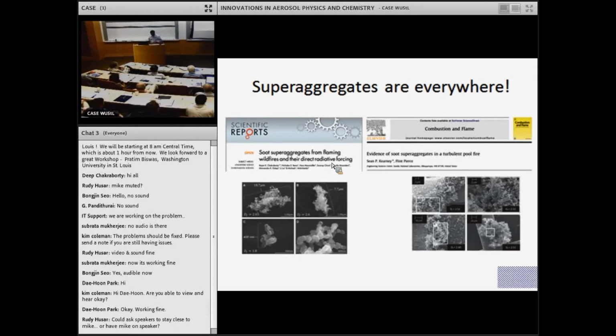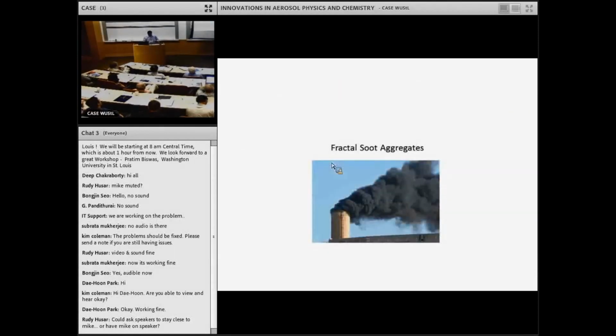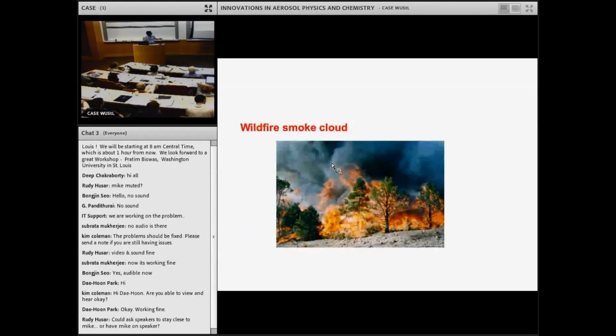And we will need that. I'll come to the challenges that come in. So whenever we see something like this, you scatter light from it, you will see super aggregates. And then you can have this wildfire smoke cloud, and it all goes to the atmosphere, and again, they are packed with these super aggregates.